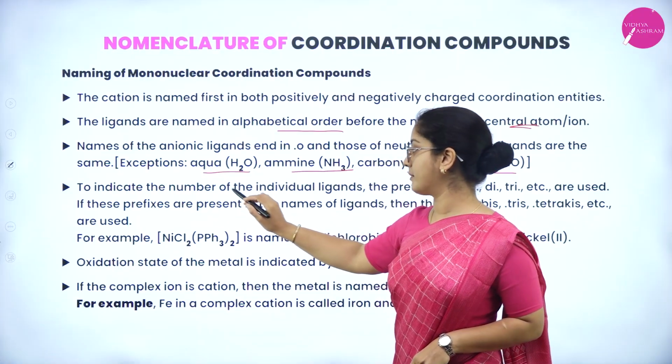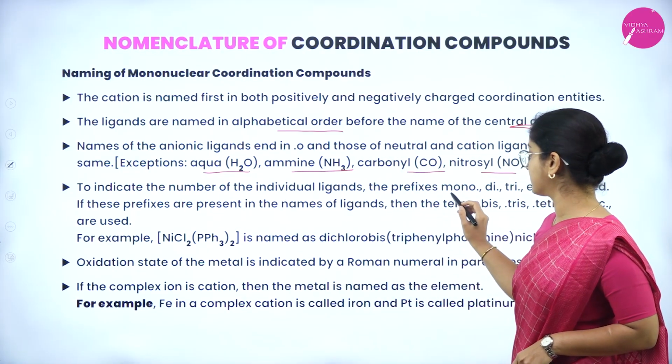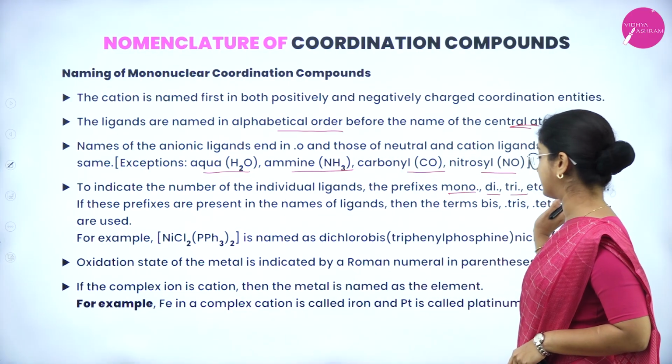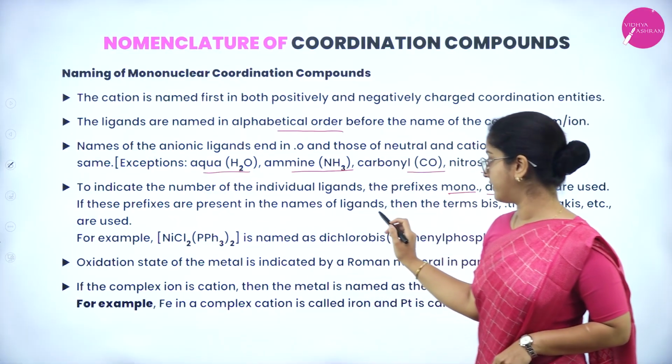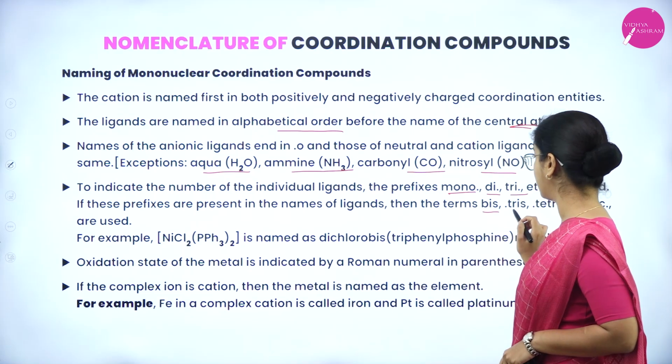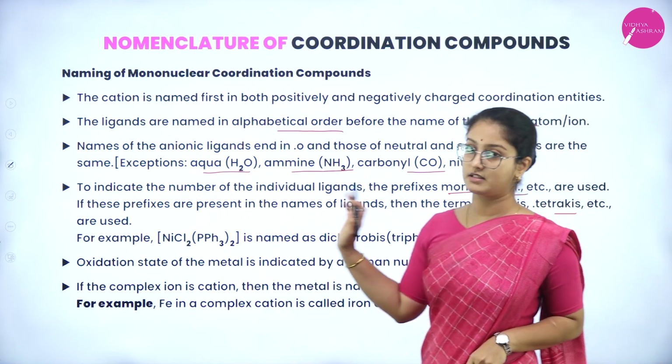To indicate the number of individual ligands, the prefixes mono, di, tri, etc. are used. If these prefixes are present in the names of ligands, then the terms bis, tris, tetrakis, etc. are used.